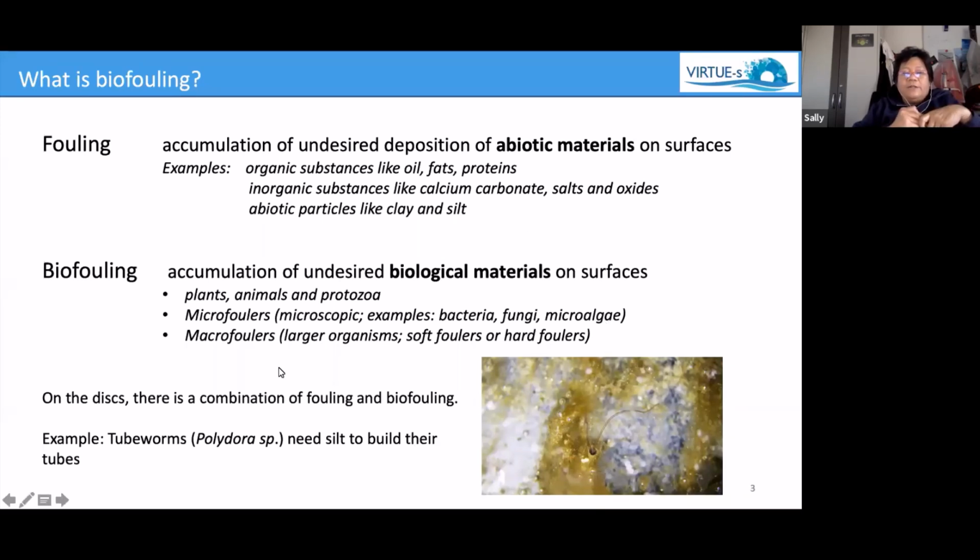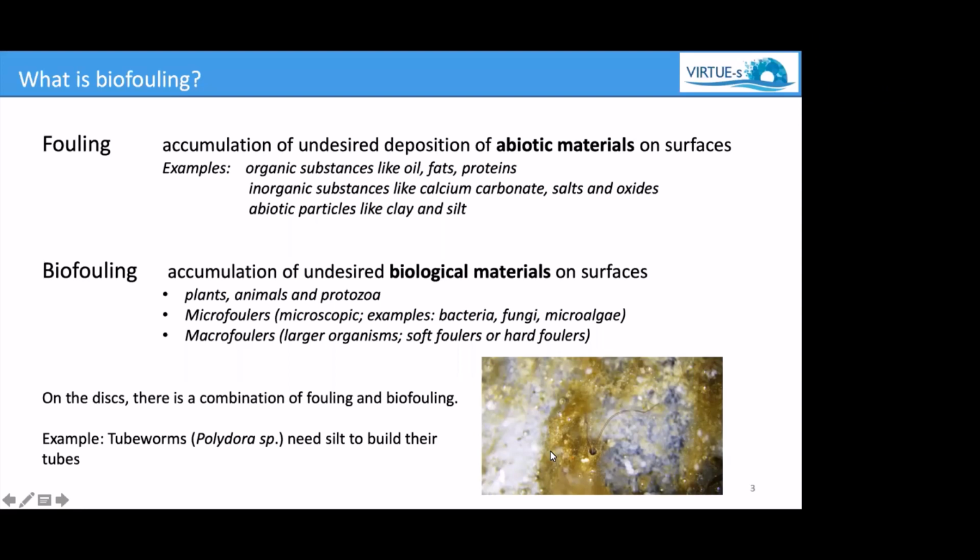And you have the larger organisms, the macrofoulers, which may be hard-bodied or soft-bodied animals, mostly invertebrates. And on the discs, there is a combination of fouling and biofouling. Here is an example of what we find mostly in a lot of the discs that we deploy in our area.